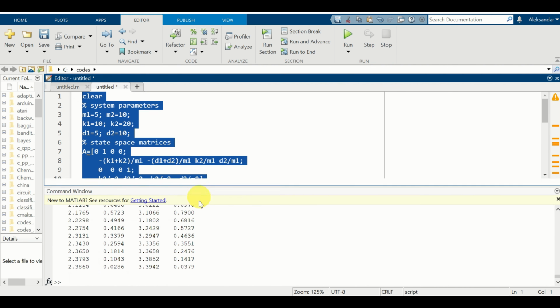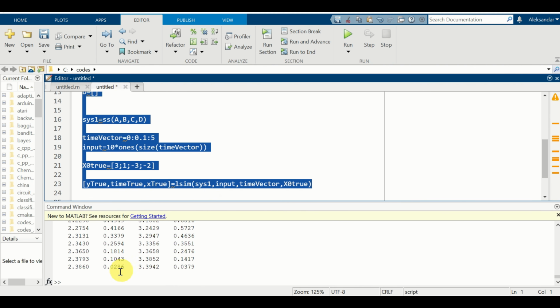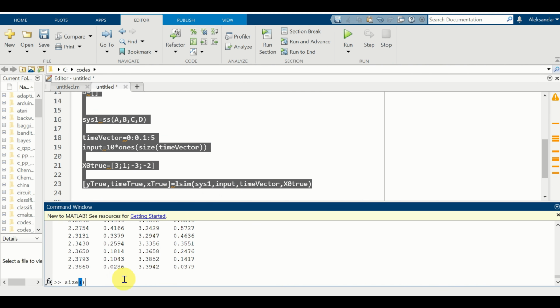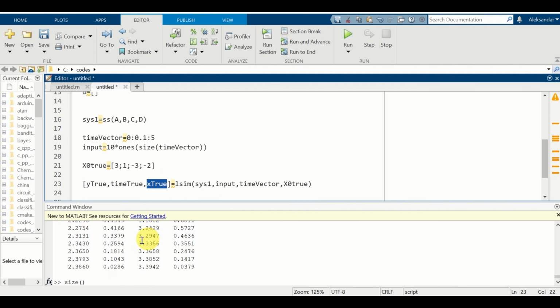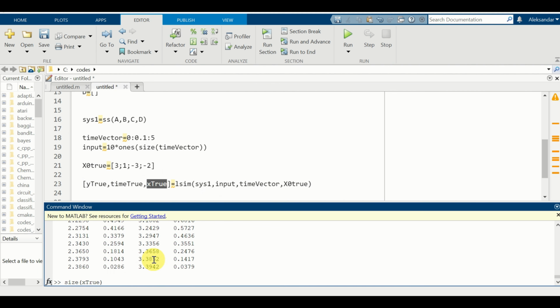Perfect. Let's look at the dimensions of the matrices. For example, if we type size x true, we will obtain a vector with 4 columns and 51 rows. The columns correspond to the states x1, x2, x3, and x4, and the rows are actually the time samples.